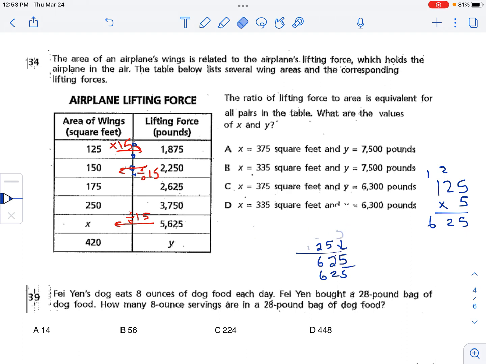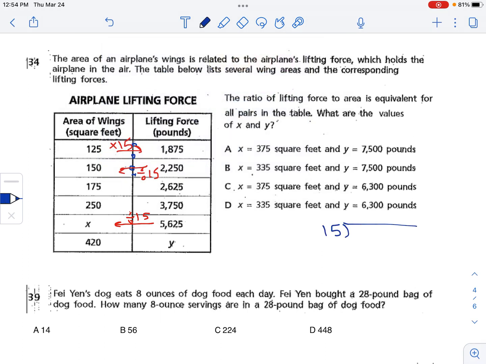And I'm just going to erase my work so I have some space here. And we'll do 5,625 divided by 15. All right, 15 goes into 56 3 times. That's 45. We have a difference of 11.